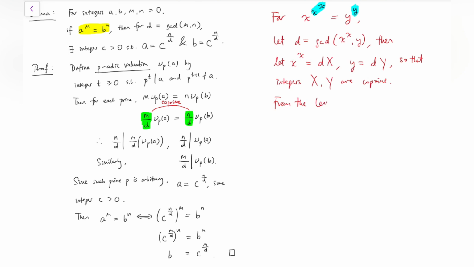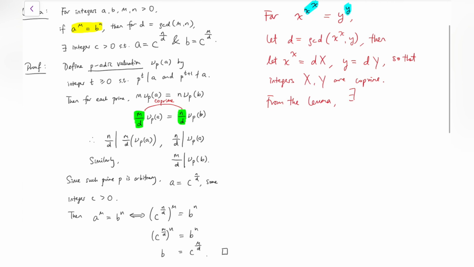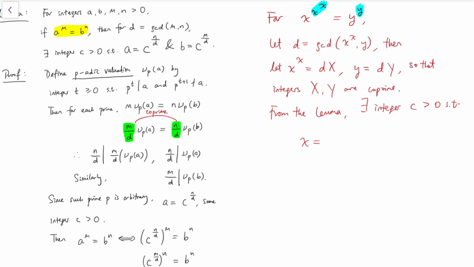From the lemma, we can say that there exists a positive integer c such that x equals that positive integer c that we have picked just now, just like the lemma, to the power so-called n over d over here.